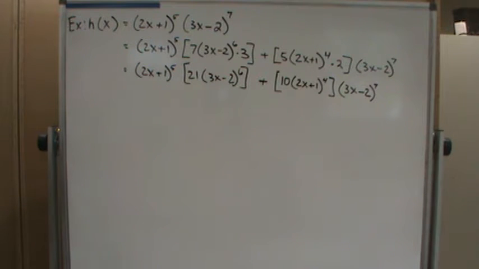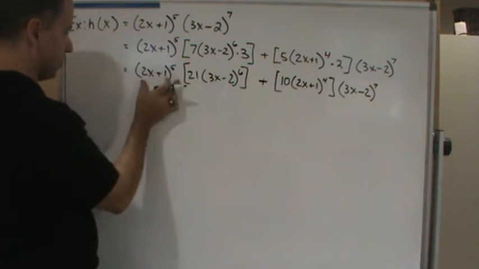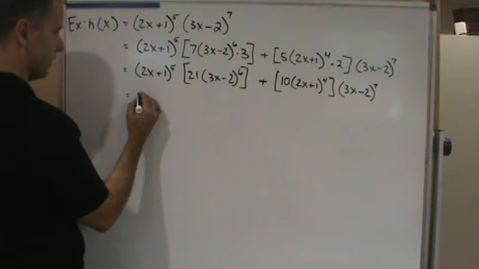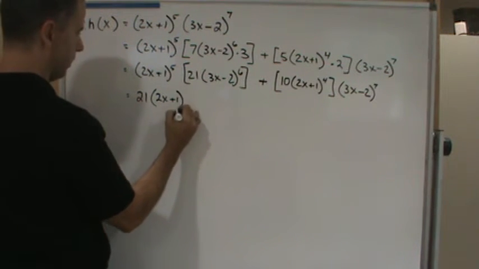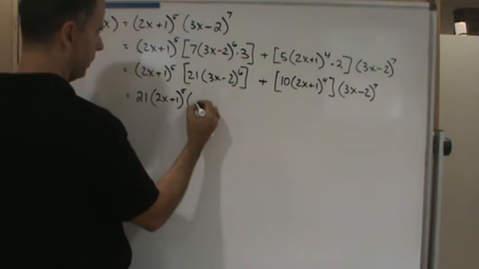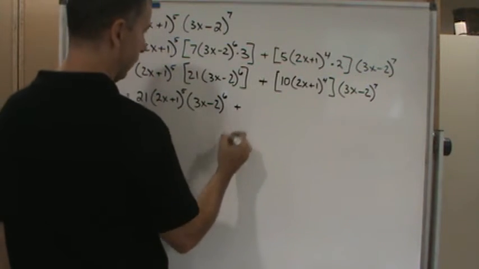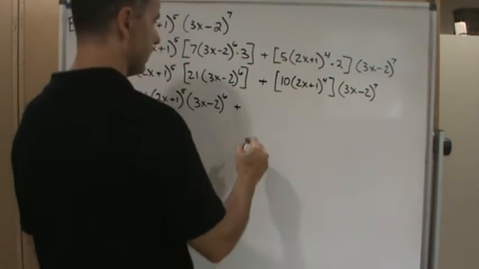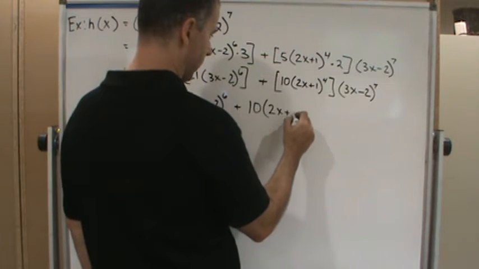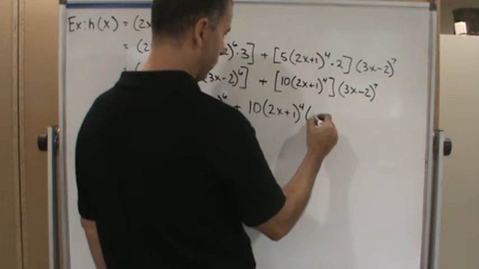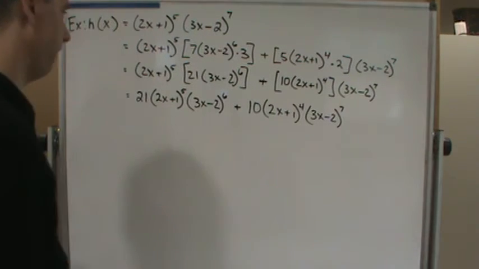Now since we're using the commutative law here, I can move things around because this is just this times this times this, so I'm going to rewrite this as 21 times (2x + 1) to the 5th power times (3x - 2) to the 6th power plus 10 times (2x + 1) to the 4th power times (3x - 2) to the 7th power.